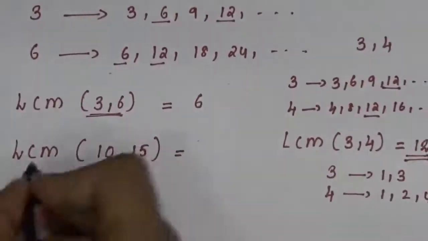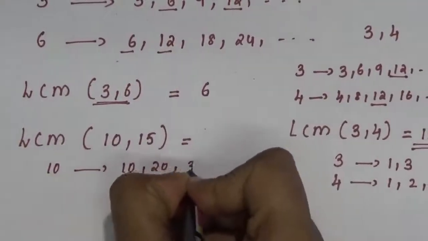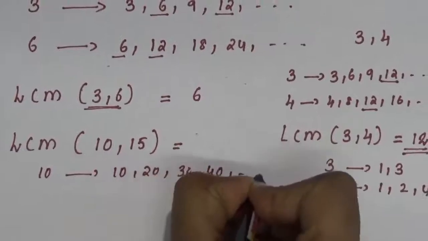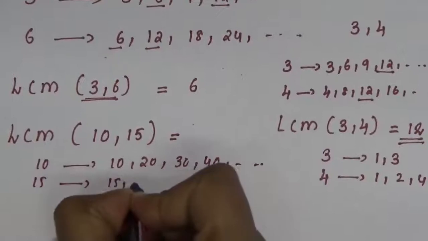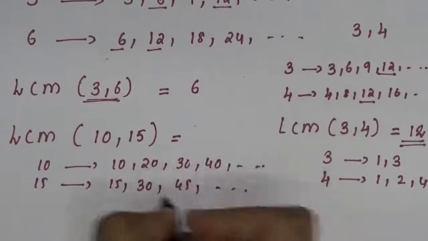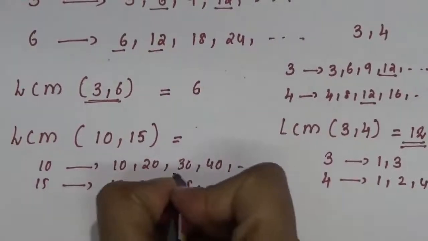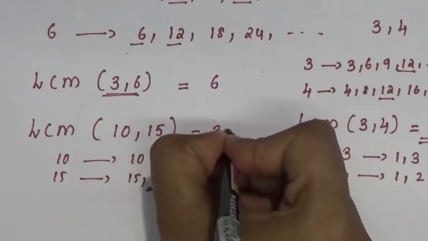Multiples of 10 are 10, 20, 30, 40, etc. Multiples of 15 are 15, 30, 45, etc. So the least common multiple is 30. So we write LCM of 10, 15 is 30.